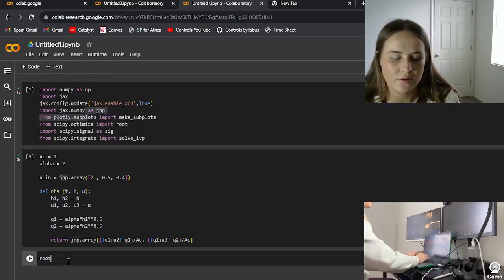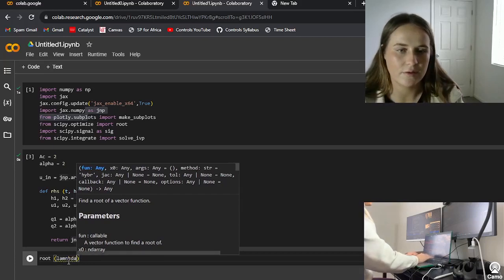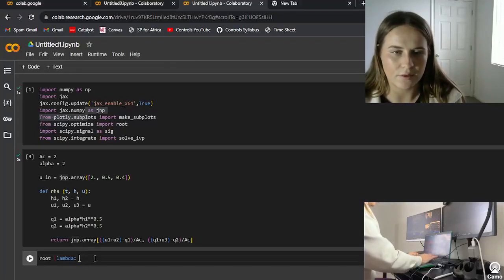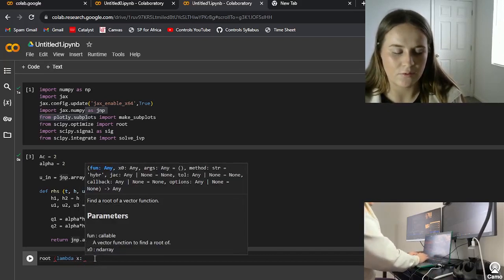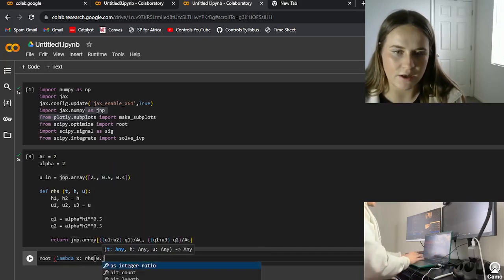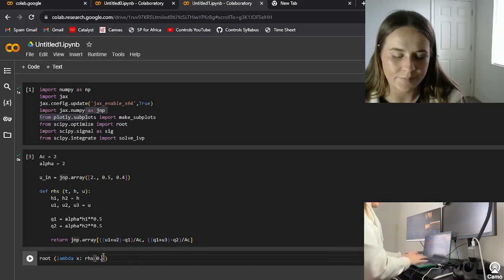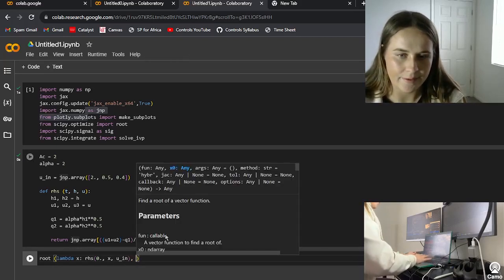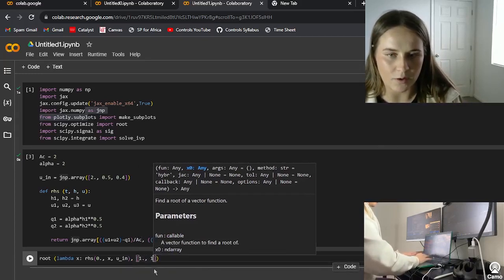So we will do root, and then lambda x, and then right hand side, we have 0 dot, 0 dot, comma, x, u in with 1, 1.